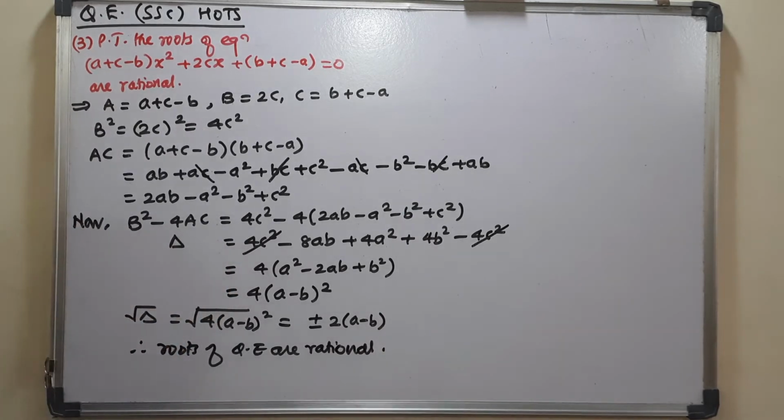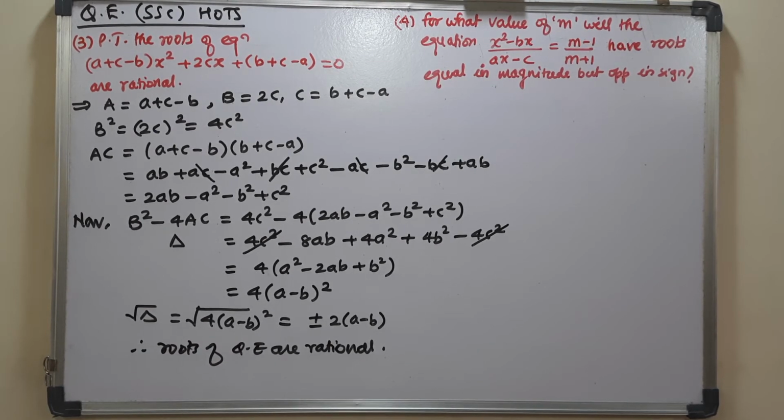The roots of a quadratic equation are rational, means they are actually real only, and in that the sub part is rational. So they belong to the category of purely rational real numbers. So whenever I want to show it rational, I have to see that B square minus 4AC becomes a perfect square.